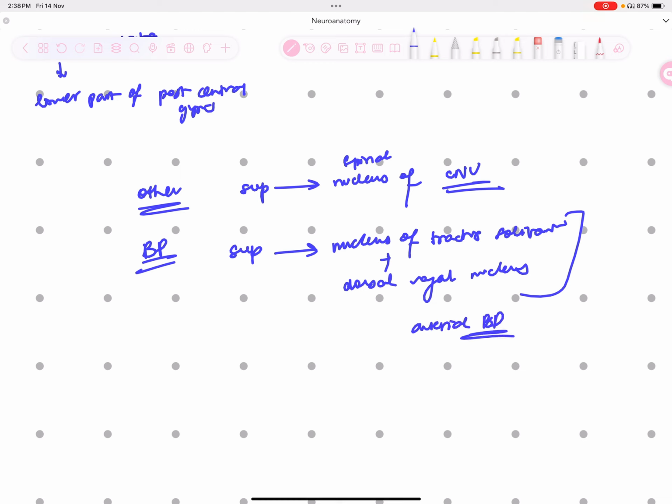So they basically regulate it. But the primary difference is that the others go to the superior ganglion and a different nucleus, the nucleus of the fifth cranial nerve, and this one is going to go to the tractus solitarius, but also the dorsal vagal nucleus.